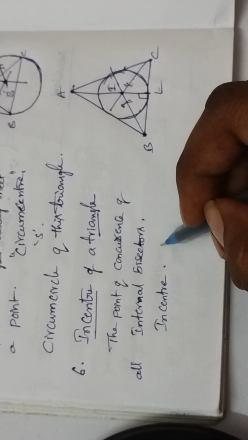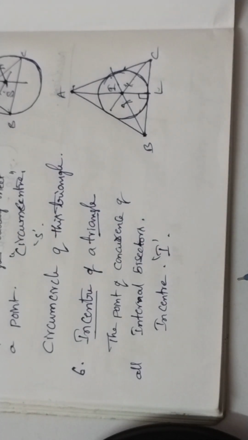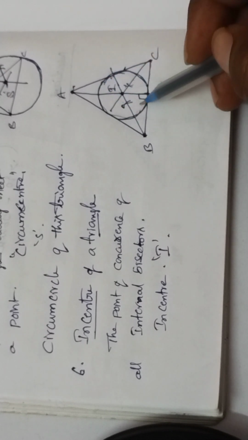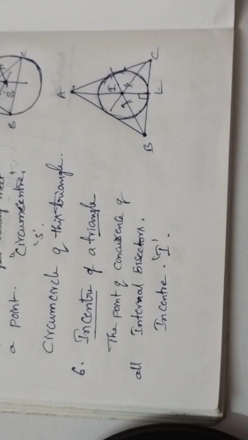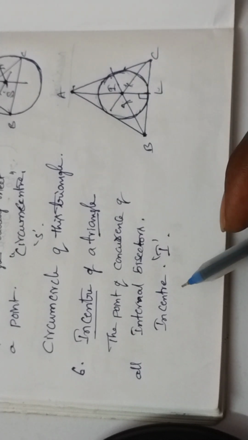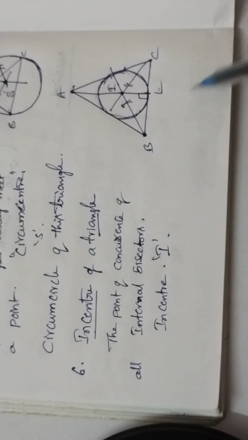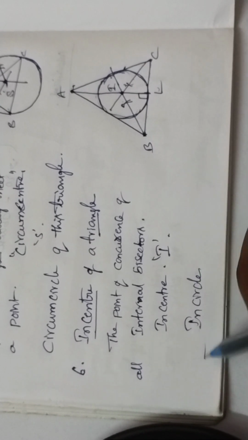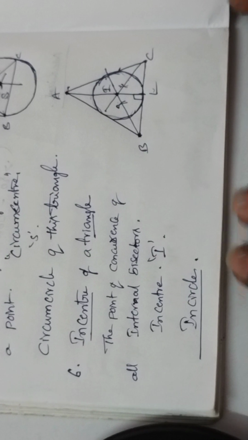This is indicated by the letter I. The circle which is inside the triangle we call the incircle. Simply, incircle. These are the topics we discuss today.